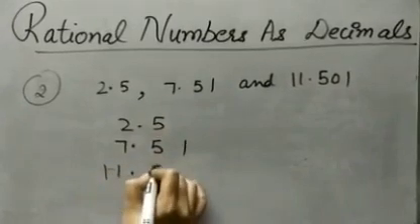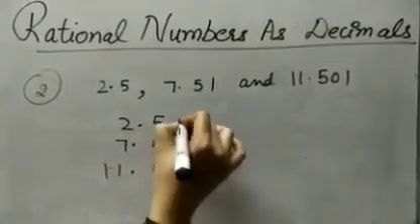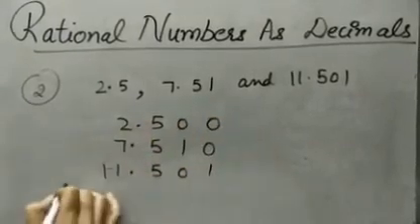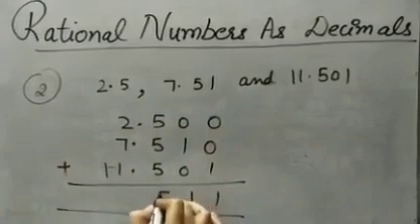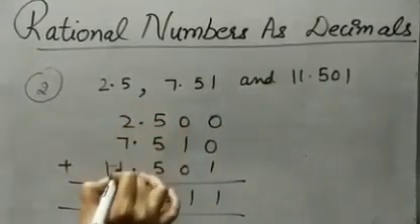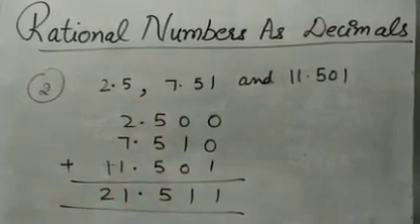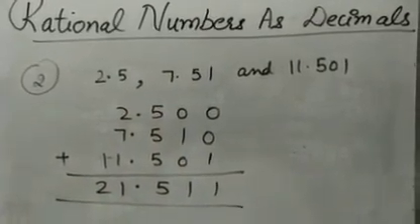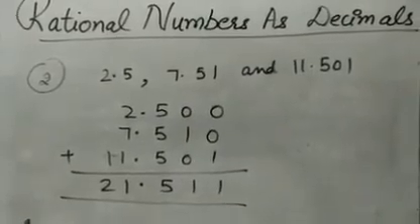This should be in a straight line. If you are not having any digits there, you can place 0 after the decimals. Now we are going to add it. The answer is 21.511. I am taking one more example.